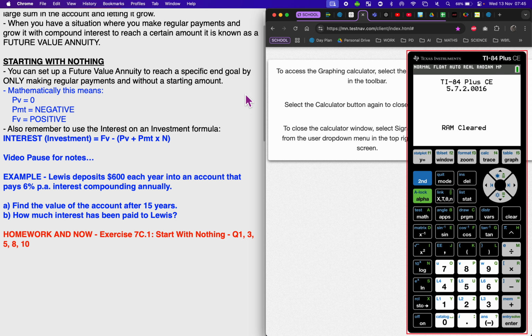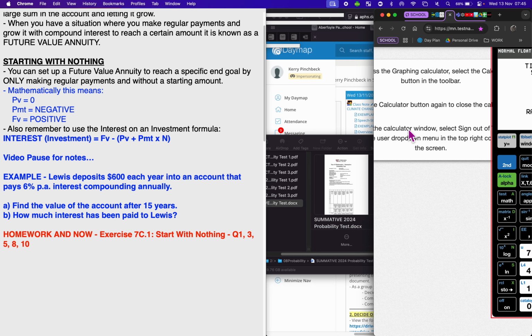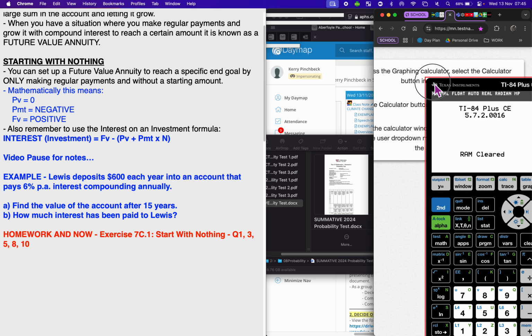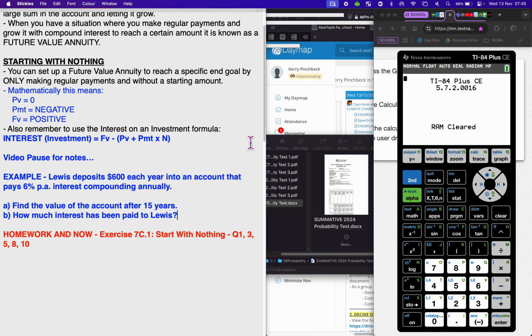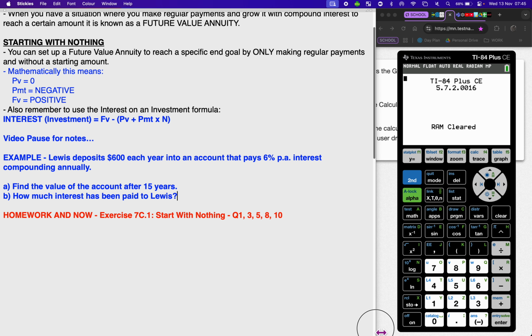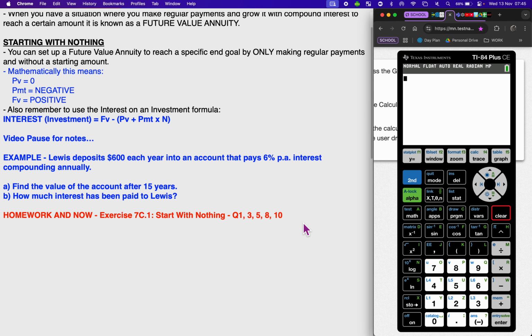I'm going to adjust that because I want you to be able to see it while I do the maths. Okay. So how do I access TVM Solver? I hammered you with that last lesson. We'll do that again. Apps, Finance, enter. TVM Solver, enter. This is the default screen.